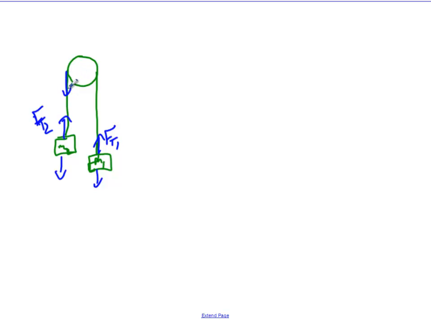This string attaches here, so if that's Ft2, that's Ft2, and this would also be Ft1. Now if Ft1 equals Ft2, then these two forces are equal. But since they're both pulling equidistant from the center, that means these torques are equal but opposite in direction, and that means the net torque on that pulley equals 0, and that means the angular acceleration of the pulley is 0.